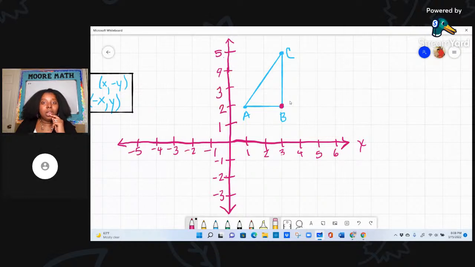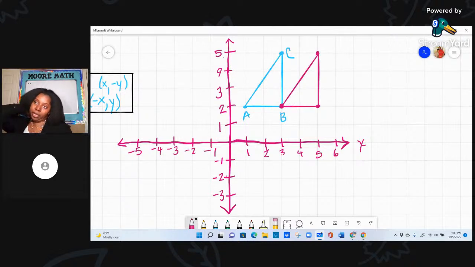Where would B go? 5, 2. Okay. And where would C be? 5, 5. Okay. So how did you get that? How did you know that if you were translating it 2 spaces to the right, it would look like that? That you would need to move 2 spaces that way.